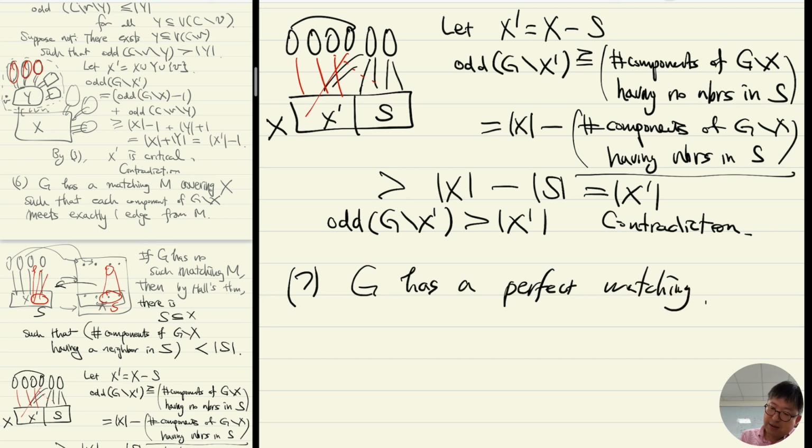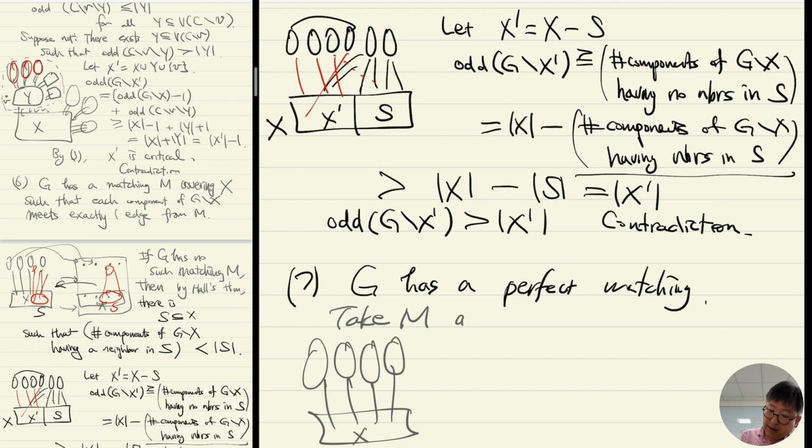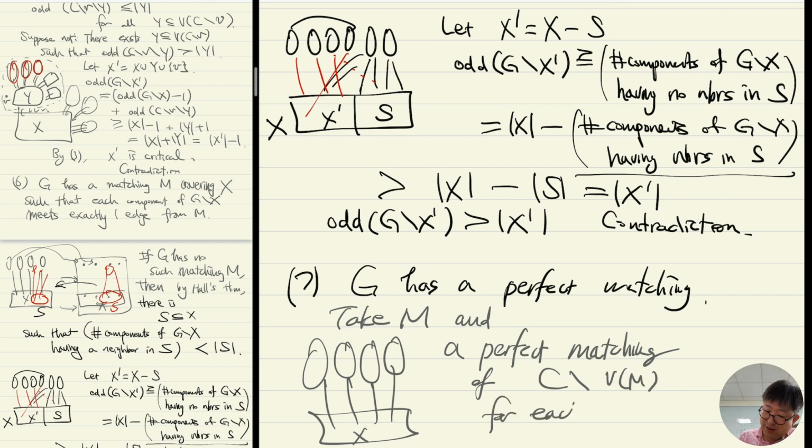Why? Because take M, that was a matching between these X and components, and a perfect matching of C delete V of M for each component C of G delete X, right?